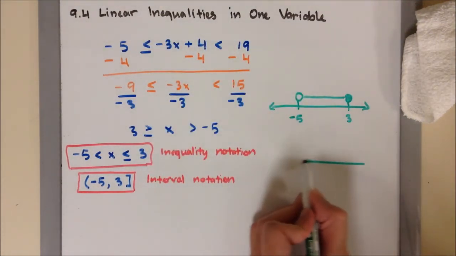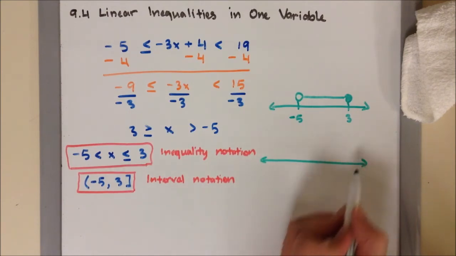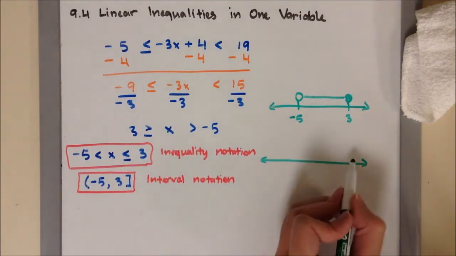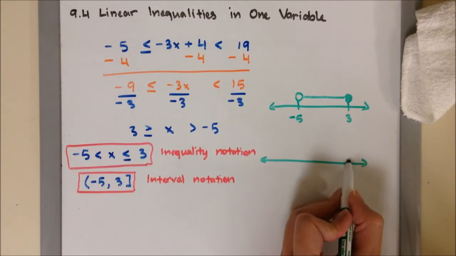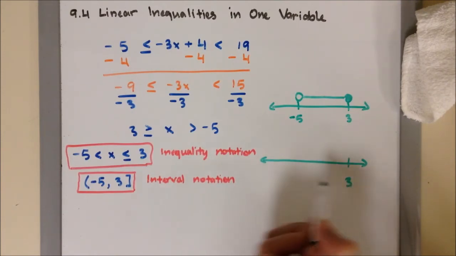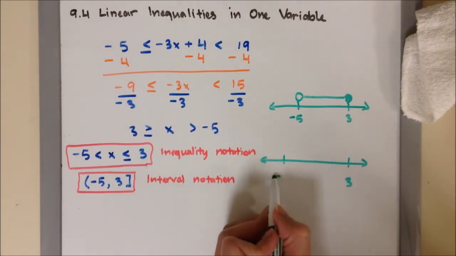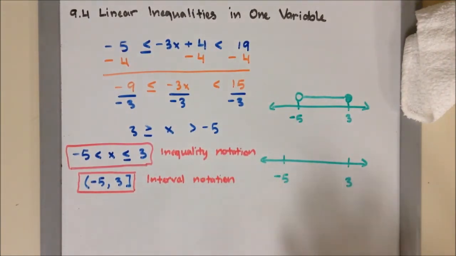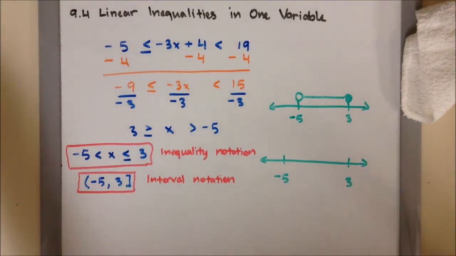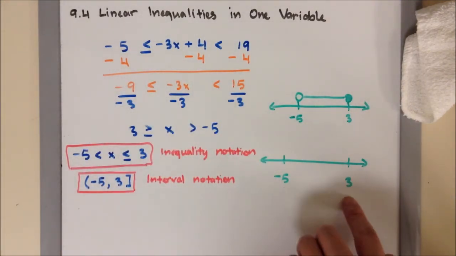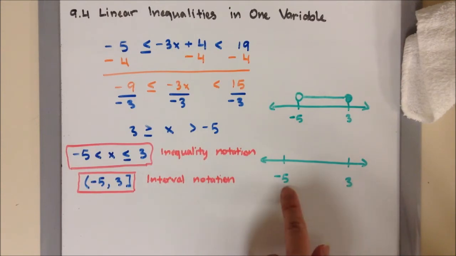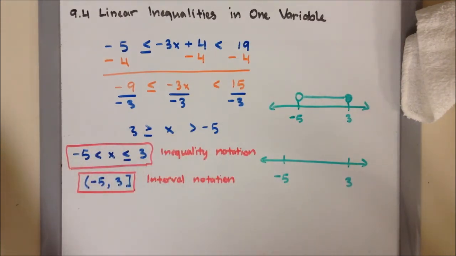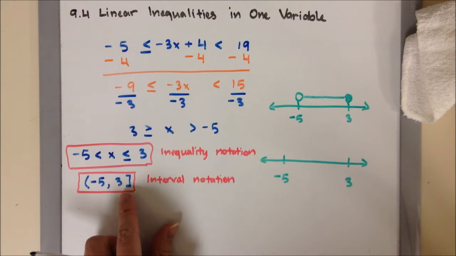Now the other way we would graph would be, same thing, you're going to use the 3 and then you're going to use the negative 5. Now you don't have to put the numbers in the middle, because the way you're going to graph, you can tell me that the solution is going to be the numbers between and including positive 3 with the negative 5. So you see how we have a bracket on the 3?